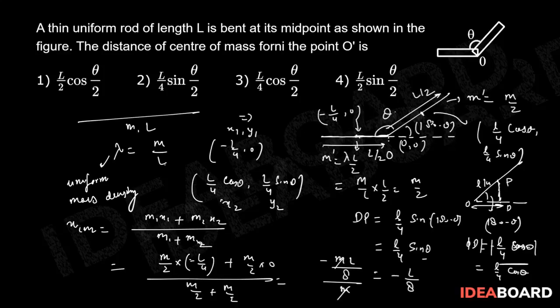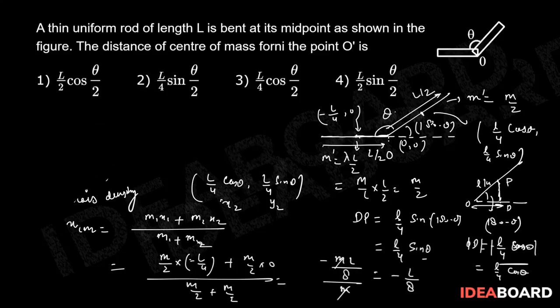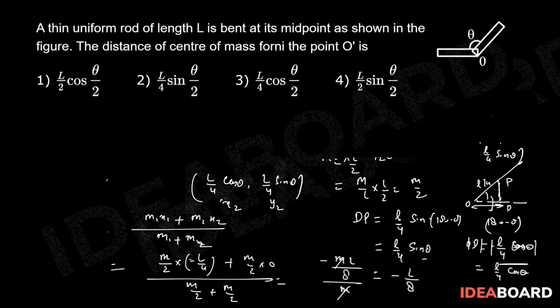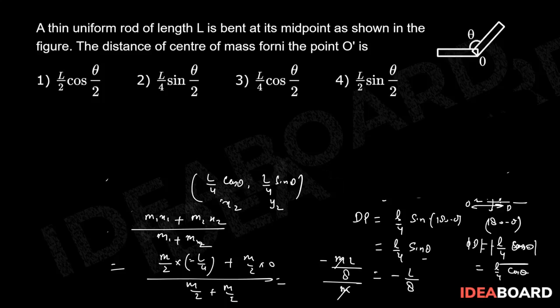Fine. Now we need ycm, so we apply the formula again. ycm will be m1 y1 plus m2 y2 divided by m1 plus m2.